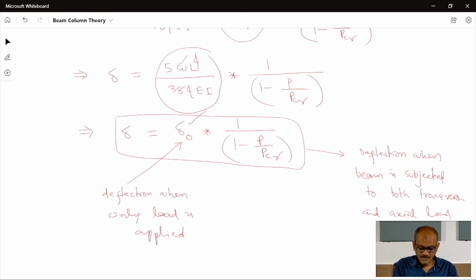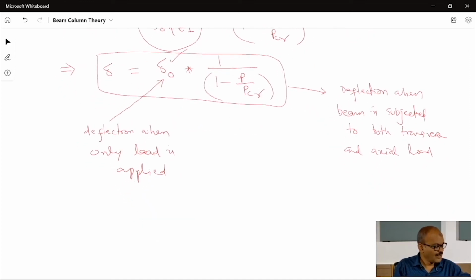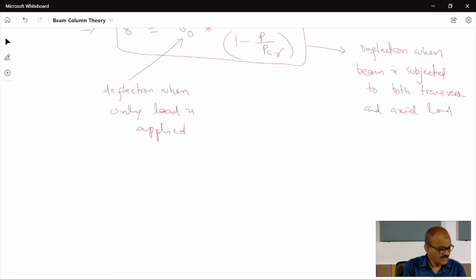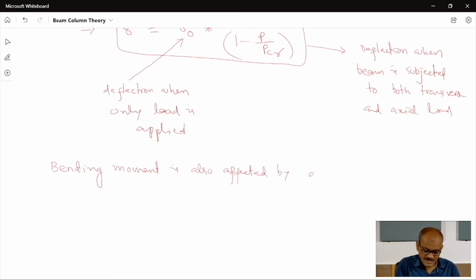So, with this let us go to the bending moment, how it is affected by the axial load. When the beam is subjected to only transverse load, only uniformly distributed load, a certain moment will come at the center. But along with the transverse load, when there is axial load applied, how is this bending moment affected? Let us discuss this. The bending moment is also affected by axial load.